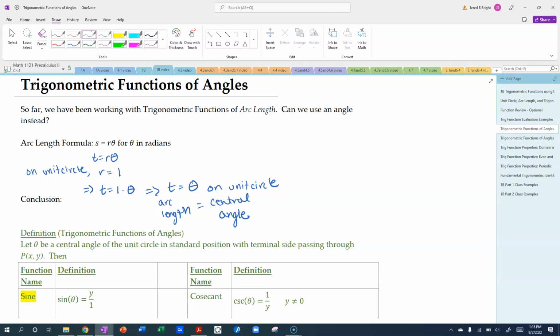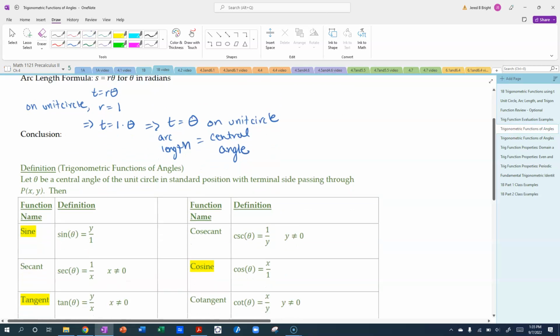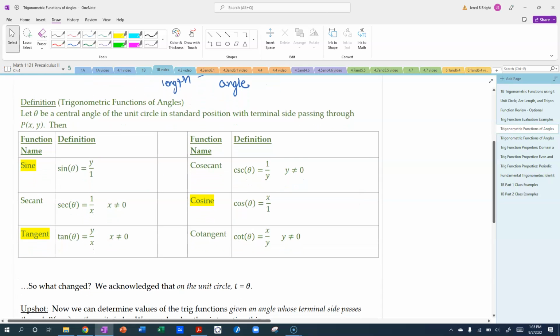Okay, so the upshot is wherever we are writing functions of t, of arc length, we can actually write those as functions of theta, the central angle, with trig functions. So that's kind of neat. So we can actually rework our definitions, noticing that really the only thing that is changing is we have theta everywhere instead of t.